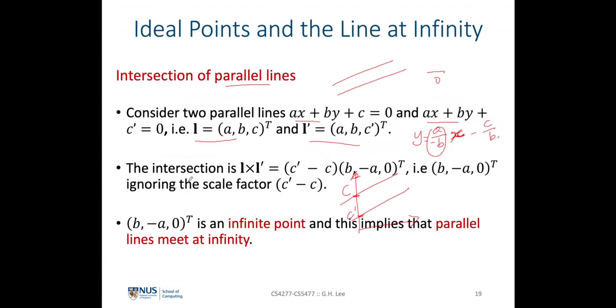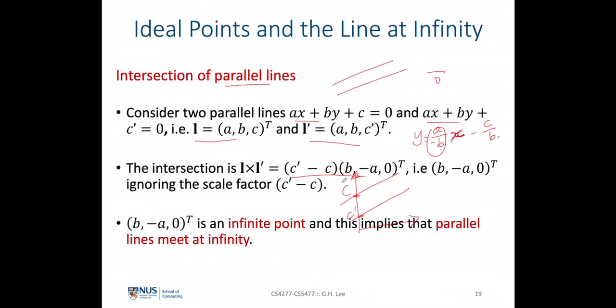And the intersection of the 2 lines L and L prime, which we have seen in the previous slide, is given by the cross product of L and L prime. This can be evaluated in this particular form, where we simply get a scalar value of c prime minus c multiplied by a 3-vector that represents a homogeneous point in the projective space.